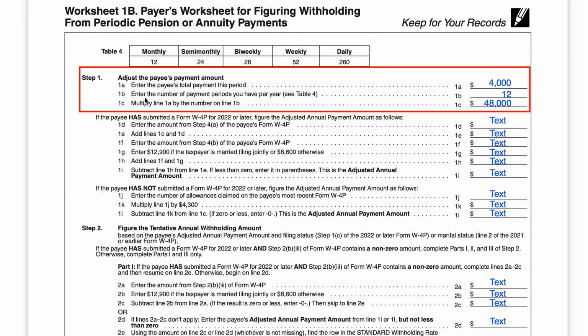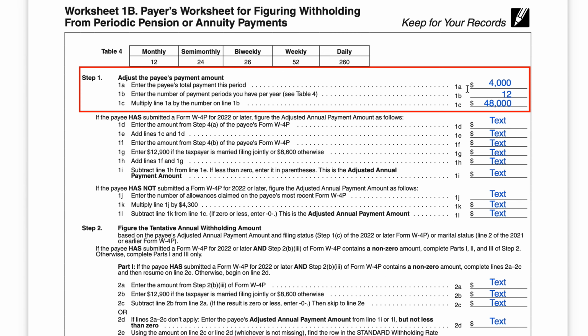So let's go through step 1A, which is the total payment this period. I kind of worked backwards in populating this field, starting with the $48,000. We're assuming that he's receiving monthly payments because that's what it said in the PowerPoint. So that amounts to $4,000 per month times 12 months. That equals $48,000.